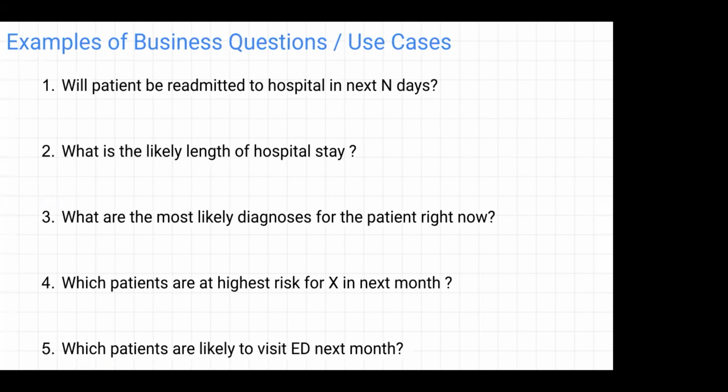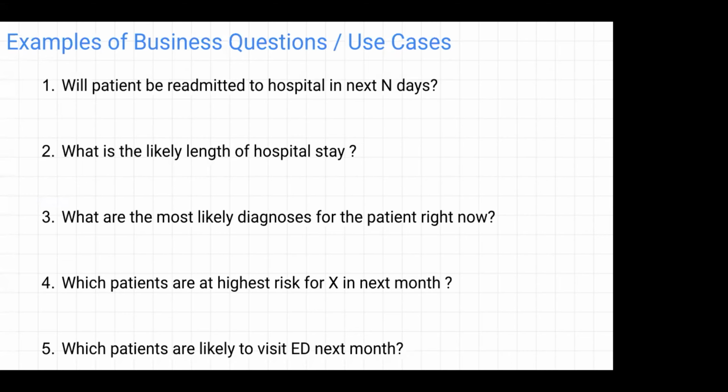So now these are examples. What are some of the examples? We already discussed a lot of examples. This is an example from my experience: what is the likely length of stay of a particular patient in a hospital?